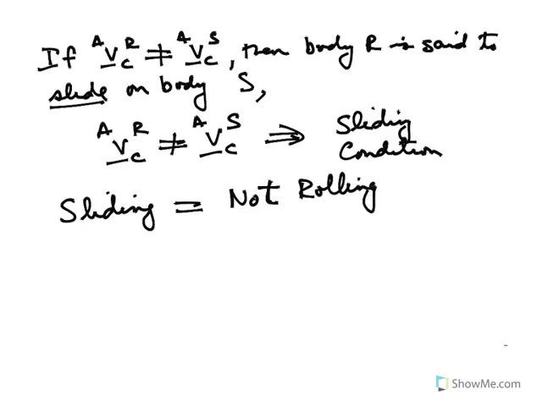Because remember, we said that body R is moving while in continuous contact with body S. So as a result of that, we only define rolling to be that condition where the instantaneous point of contact, the velocity on either body is the same, and we define anything else as sliding. Now, in order to see how this works, let's take an example.